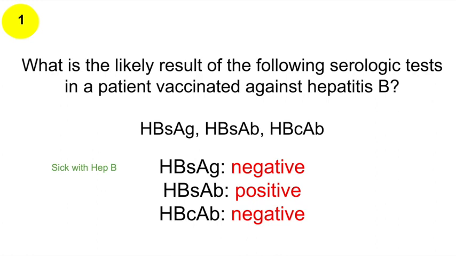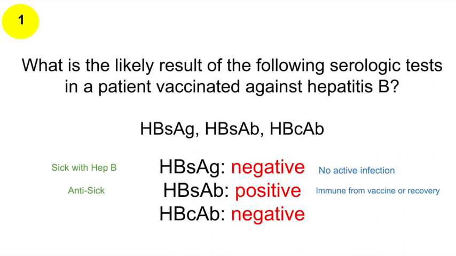The hepatitis surface antibody is the opposite of the antigen, and it is positive. Remember that the hepatitis surface antibody is anti-sick. So the fact that it is positive means that this patient is immune from either recovery from a previous infection or by receiving the vaccine.